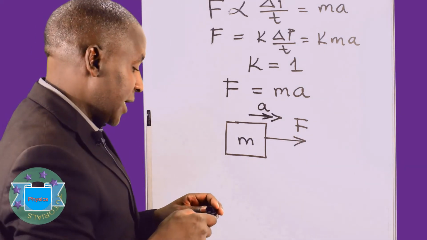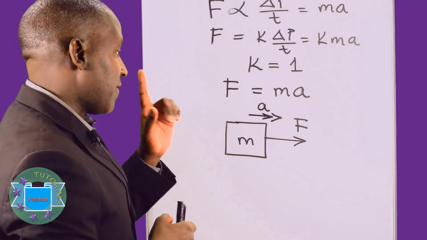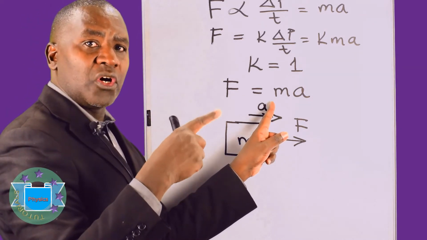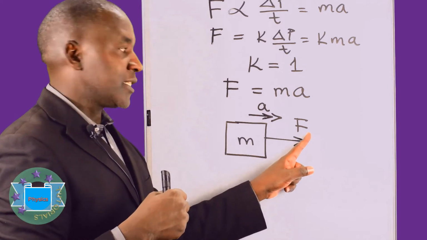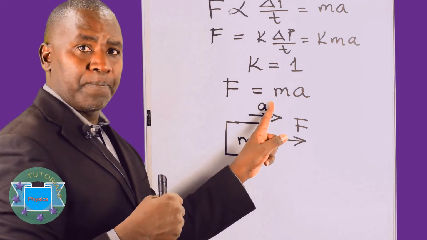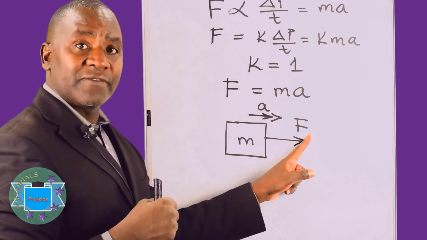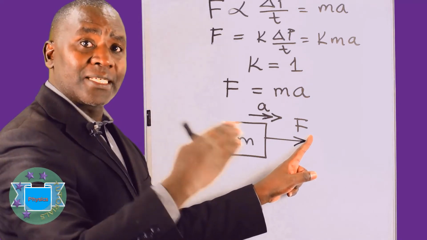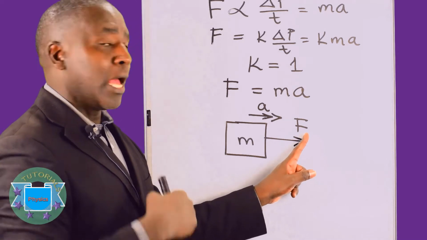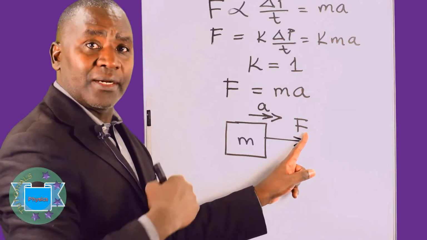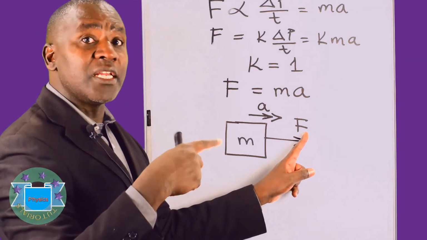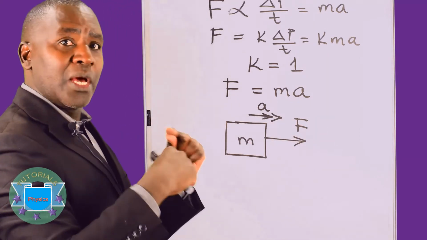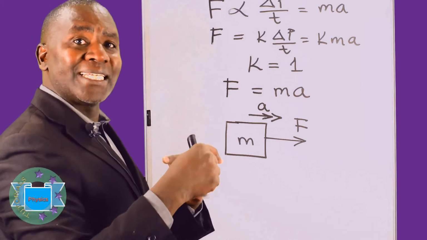Here we are looking at the fact that a, which is acceleration, depends on F. It is a dependent variable. This is an independent variable. The driver could decide to press the accelerator and therefore exert more force on the car. It is independent of the acceleration. So the driver decides, do I want more force or less force?